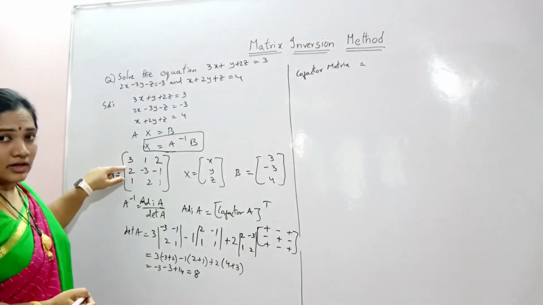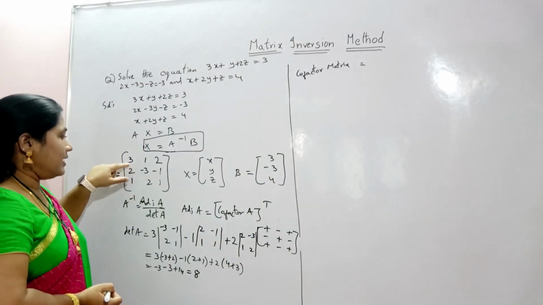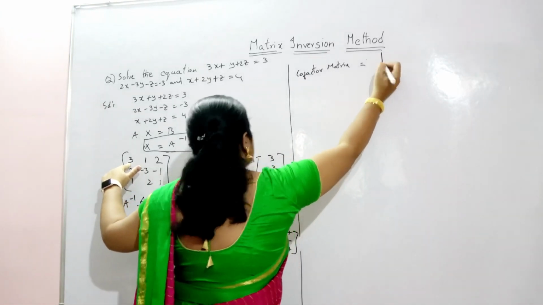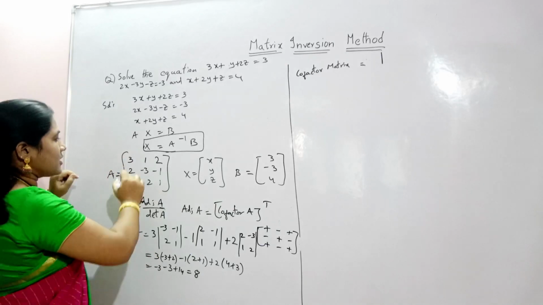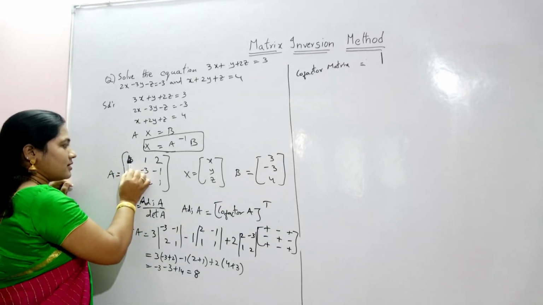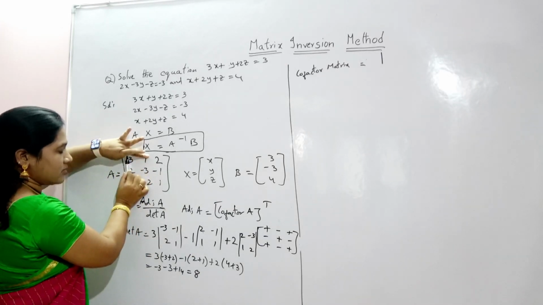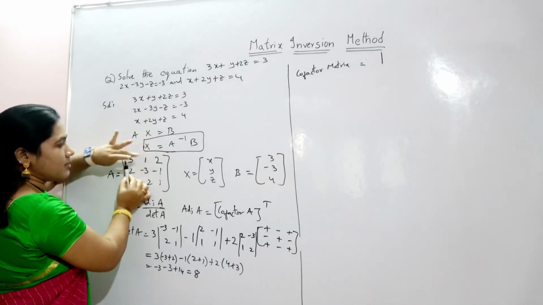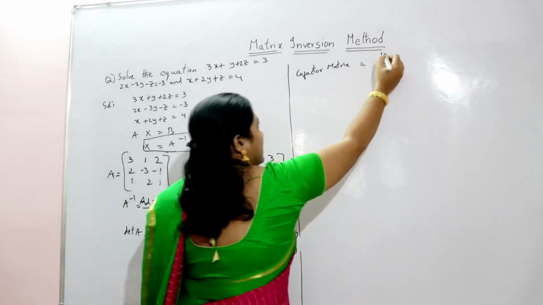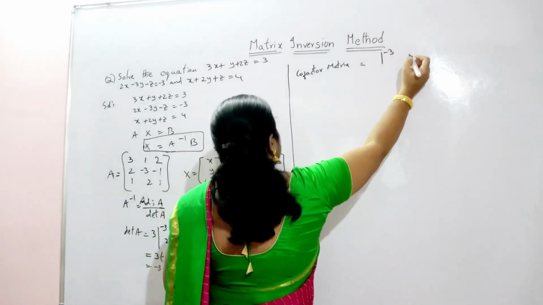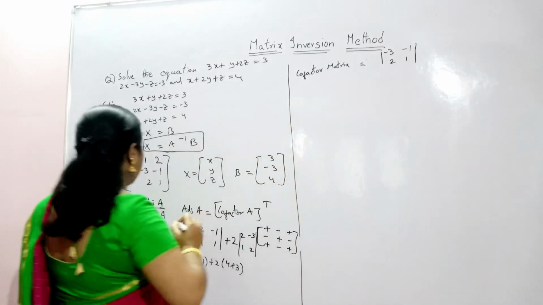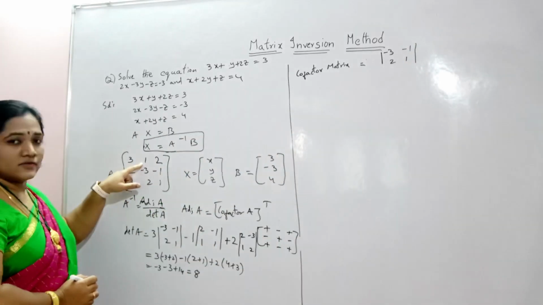So write down the cofactor for element 3. Just close this column and this row. So the remaining elements are -3, -1, 2, 1. And write the cofactor for 1.